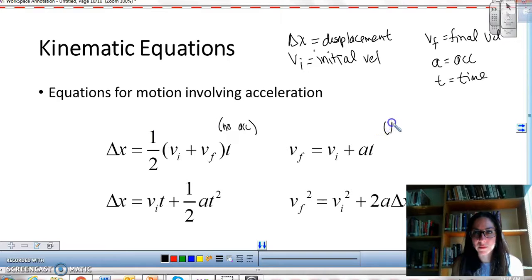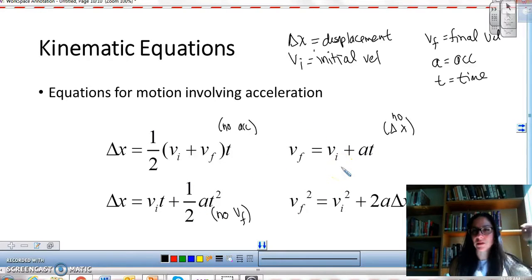This equation has no position, no time, and no final velocity. So you can use any of these equations at any point to solve problems, but you might run into issues if you don't have position while using this, or vice versa. So let's take a look at how to use them.